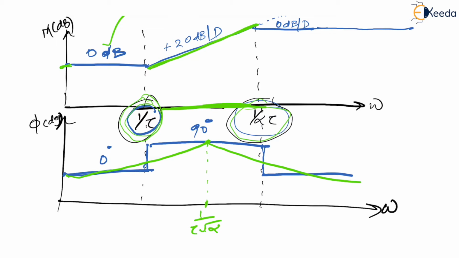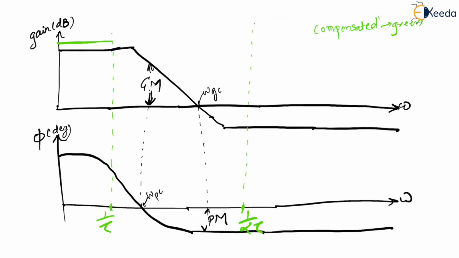Slope was plus 20 dB per decade, which means now if, let us say, this old system in black has minus 40 dB per decade slope, for example, then what will happen if I add plus 20 dB to that one? Then the slope will become like this.